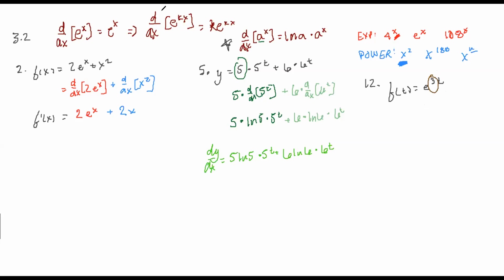Here we're going to be able to use this rule. So for f of t, if our k is equal to 3, f prime of t is going to be equal to 3e to the 3t. The difference between this and the power rule is that we're not subtracting 1.